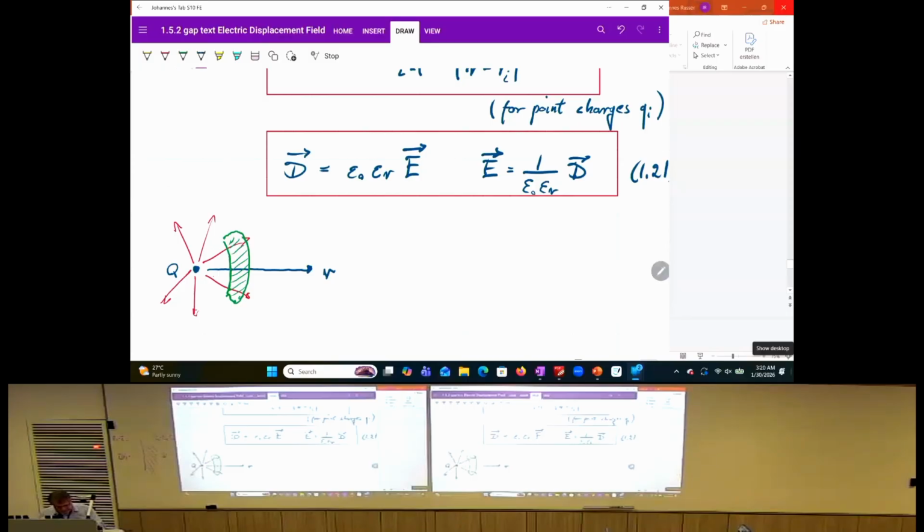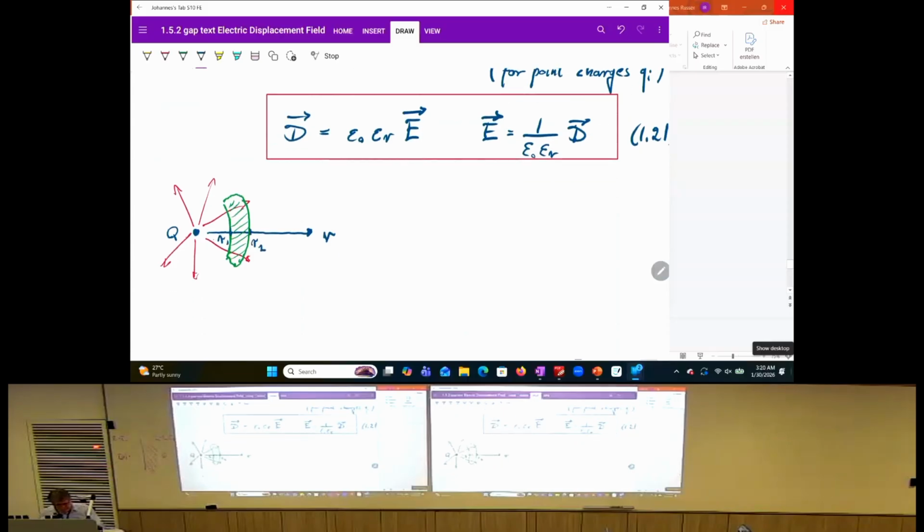We can say that the material begins at the radius r1 and stops at the radius r2. And then let's plot the electric field and see how it changes as we move along r.